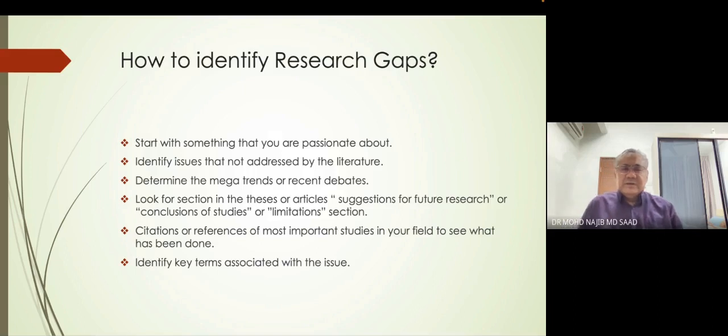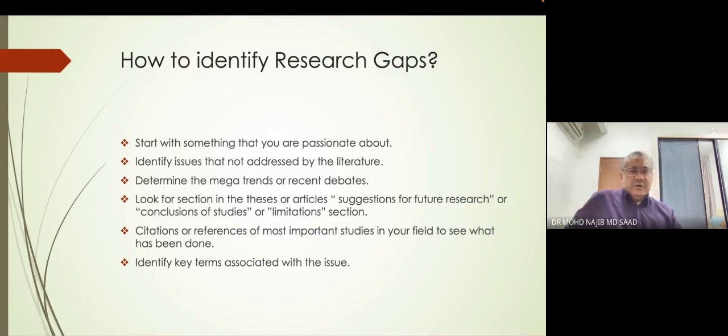This exploration, especially in terms of finding a research gap, finding the issue or problem with regard to the entrepreneurship area, is driven by my passion toward developing entrepreneurs in a country as well as in the world. That's one. Number one, you start with something that you are passionate about.